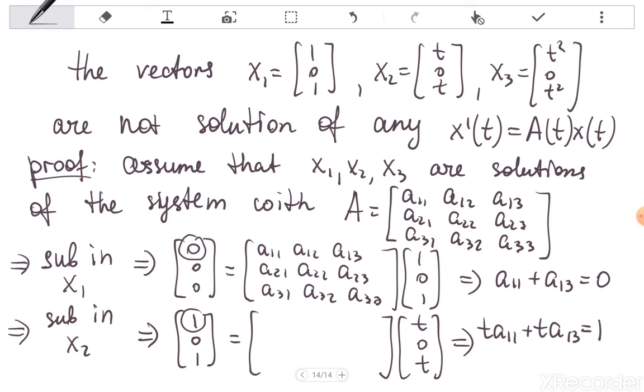If we take this t out of the brackets, it is 1. And this is impossible because we already proved that this is 0. So this thing is impossible. These three vectors cannot be solutions of any system.